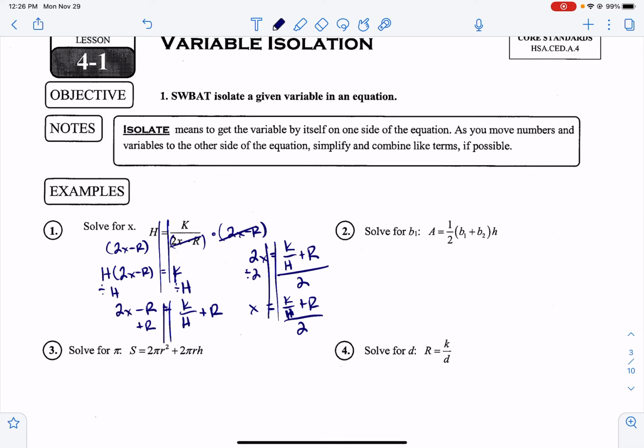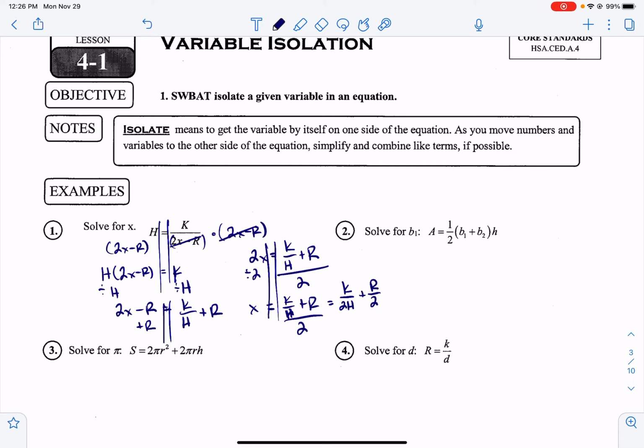A lot of times we don't like fractions inside fractions. So the other thing that you can do is you can divide those separately by 2. So you could write this as k over 2h plus r over 2. And that's what equals x.